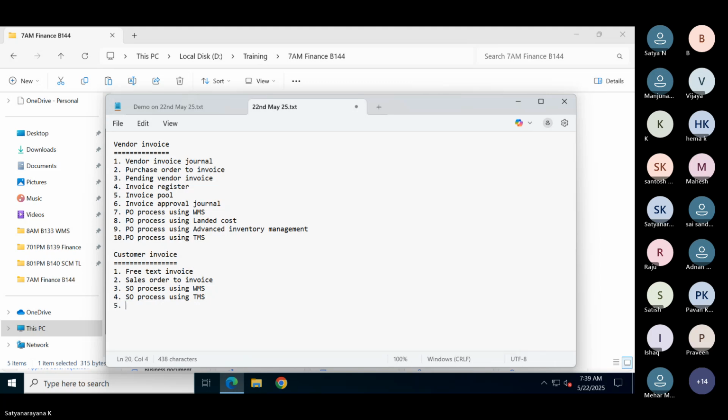Next, from the project management and accounting module, we have expense journal to invoice. Next, hour journal to invoice.